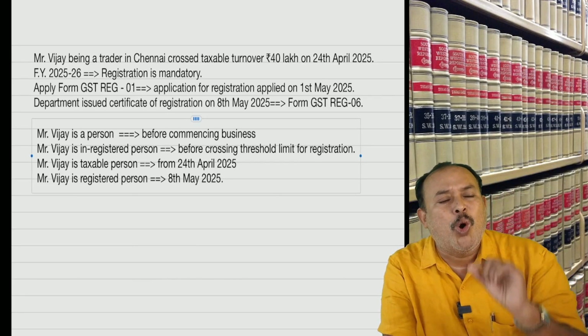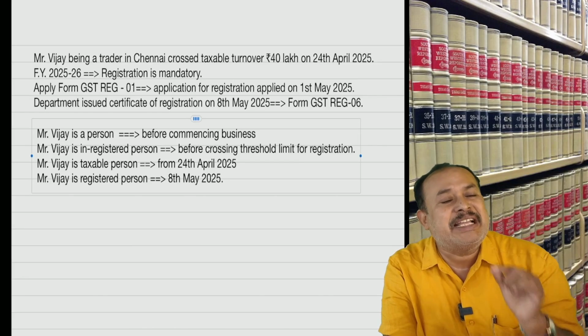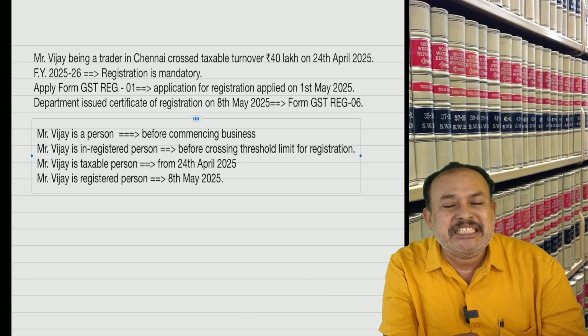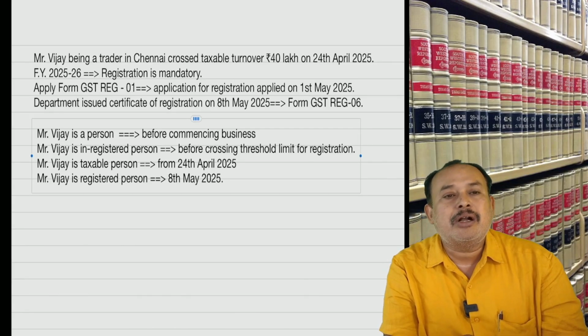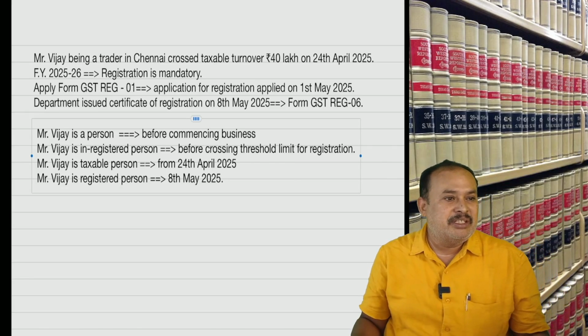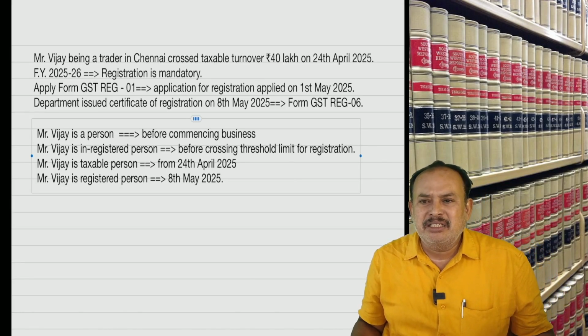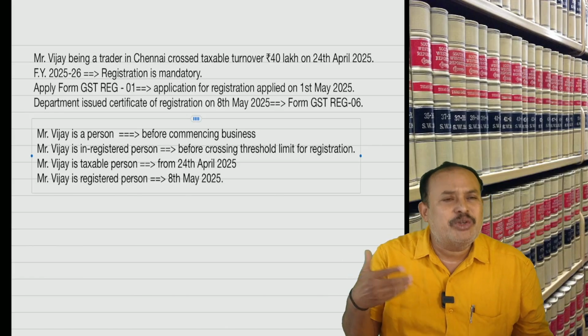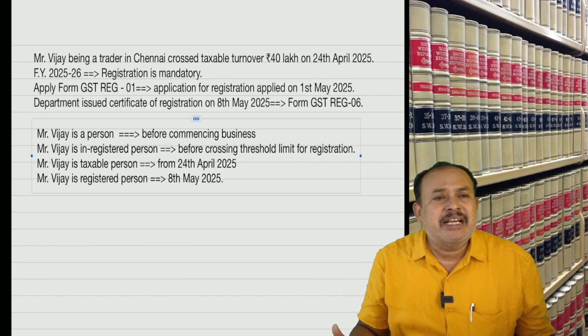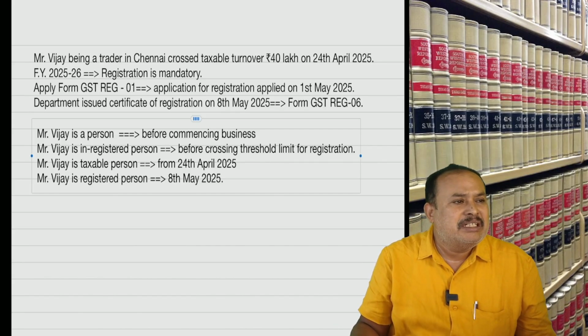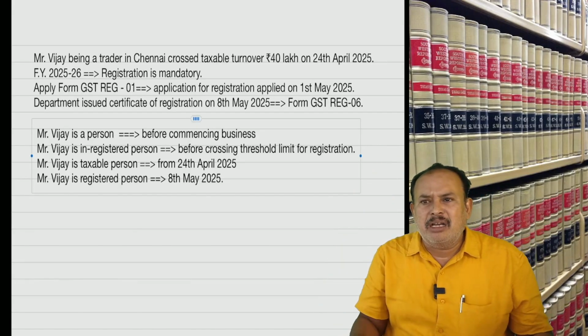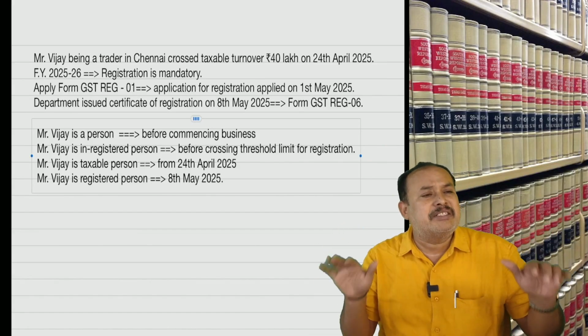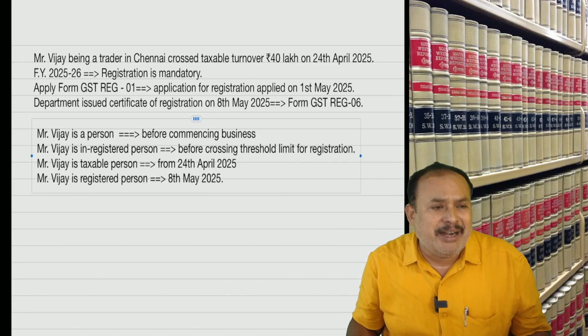A person holding the GST certificate, form GST REG 06, is called a registered person. The person liable to pay tax but who has not got registration, yet to get the registration certificate, is a taxable person. A person not liable to pay tax at all, therefore not obtaining registration, we call an unregistered person.